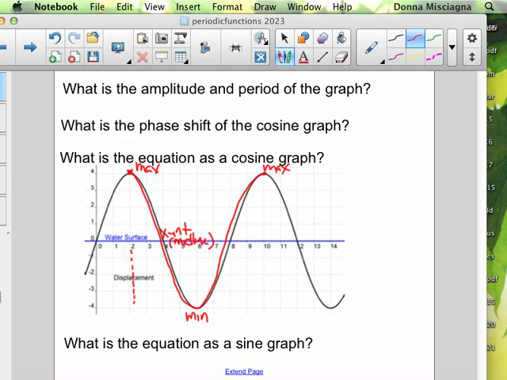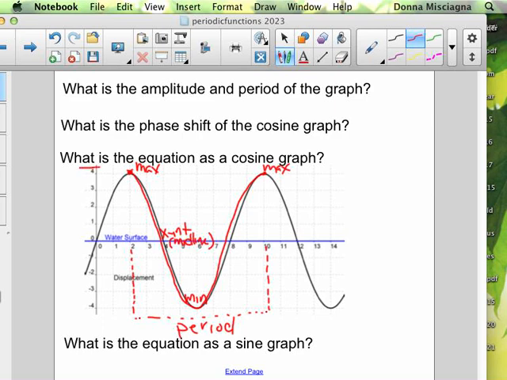So what I highlighted there represents one period of cosine. The period would start there, and it would end there. This is one period.